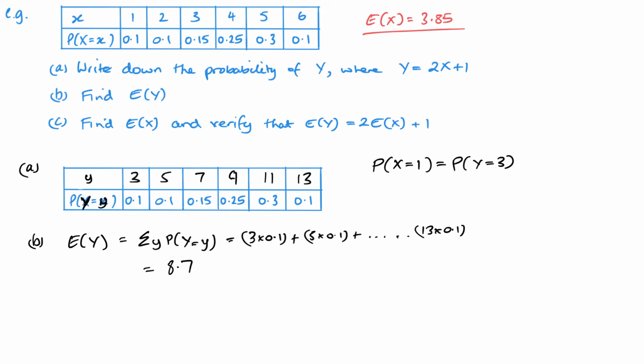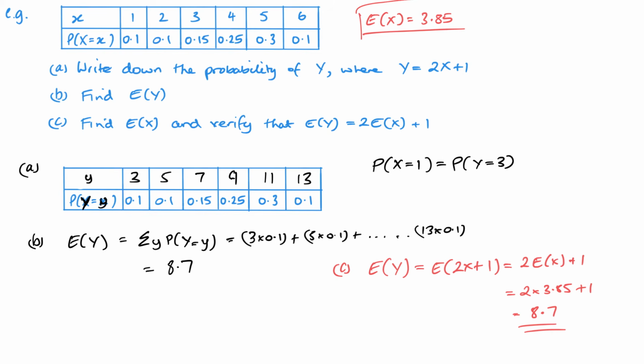So if I think of this the way we've just been looking at it, E of Y is E of 2X plus 1. So that's 2 times E of X plus 1. So 2 times 3.85 plus 1, and we get our 8.7. And that is essentially what I was doing in part C. Just showing you how this method works. Obviously I didn't need to find E of X again because we already had it.